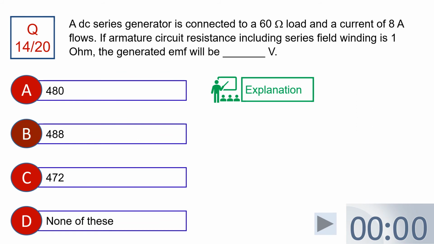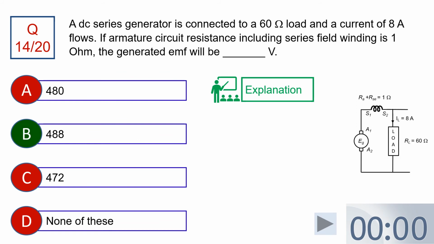Correct answer is option B. Now here the type of generator is DC series generator. The resistance of load is given as 60 ohm and current through load is given as 8 ampere, and therefore terminal voltage V is equal to 60 into 8, that is 480 volt.